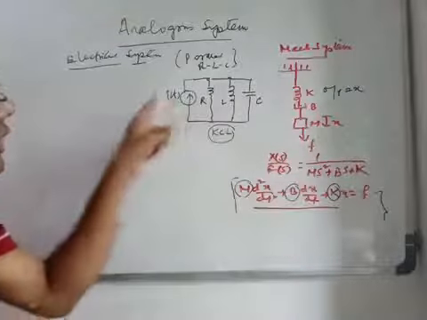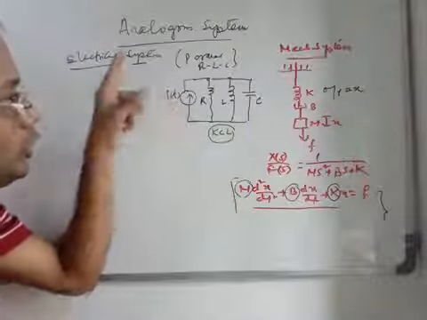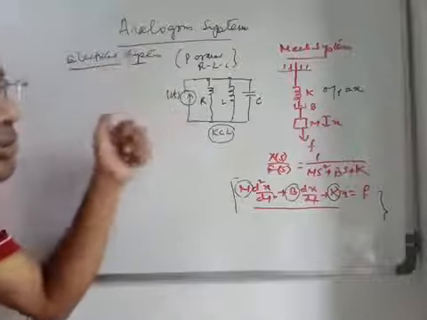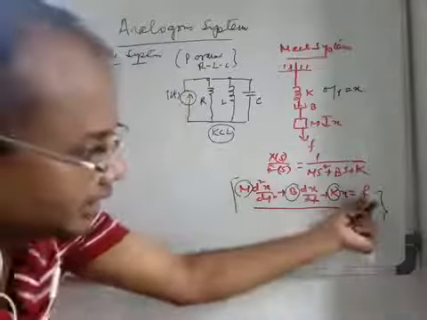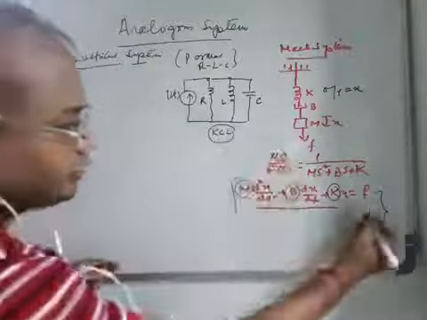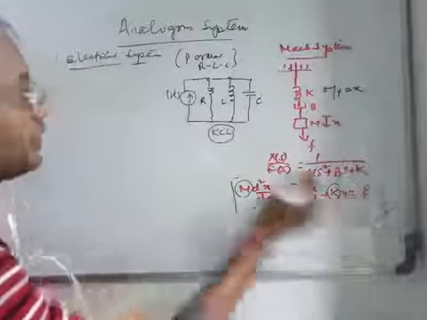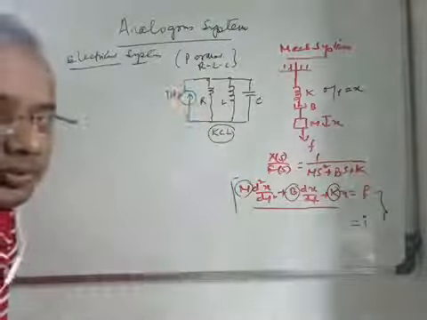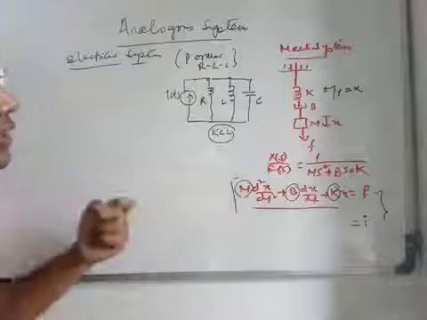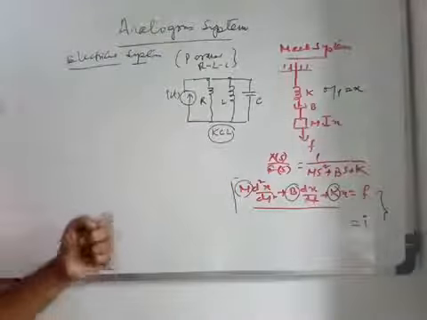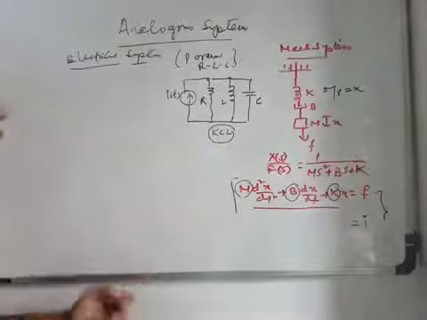IT is the amount of current which is the forcing function of the system. That is why this is known as the force current analogy. Previously it was the force voltage analogy, and now it gives you the force current analogy. How it does that, I will discuss here.